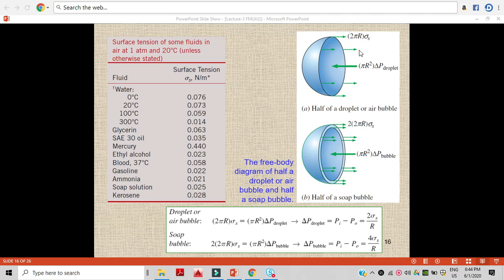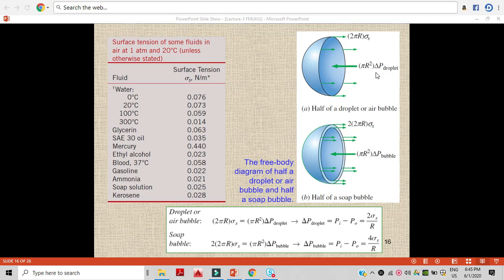This is the surface tension force which is acting on the surface of the bubble. To see the way the surface tension force is acting, we cut the water droplet into half. This is the surface tension force acting throughout the outer surface of the water droplet, and there is a force which balances it, that is basically the pressure force.